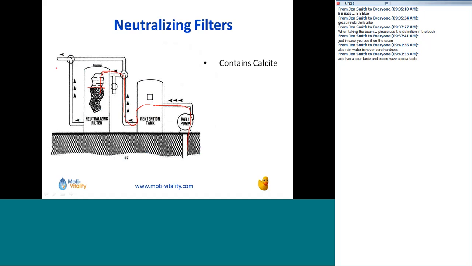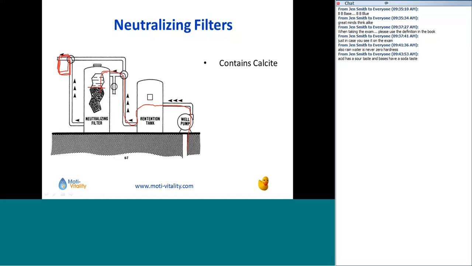And you also need to put over here somewhere some sort of a filter, because as these calcite chips dissolve, they're going to create fine little teeny tiny pieces of sediment that are going to come through and get in the water, and it's going to look like sand, and it's going to clog their screens and that kind of thing. So you have to have a filter over here that will capture those little fines.